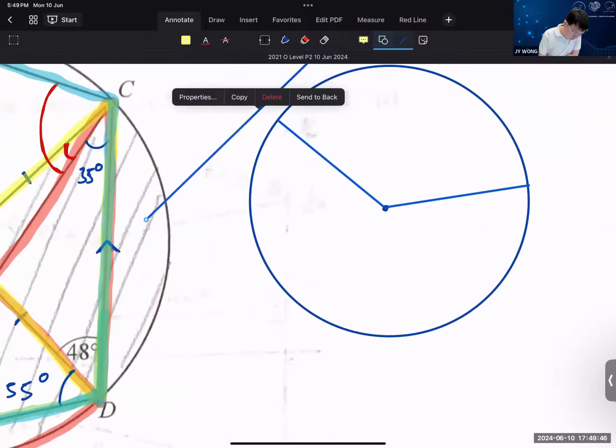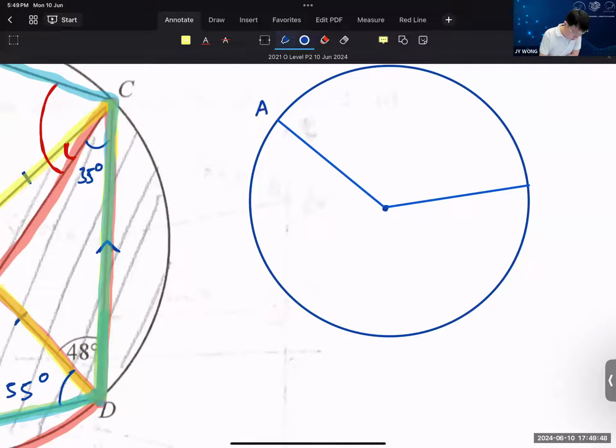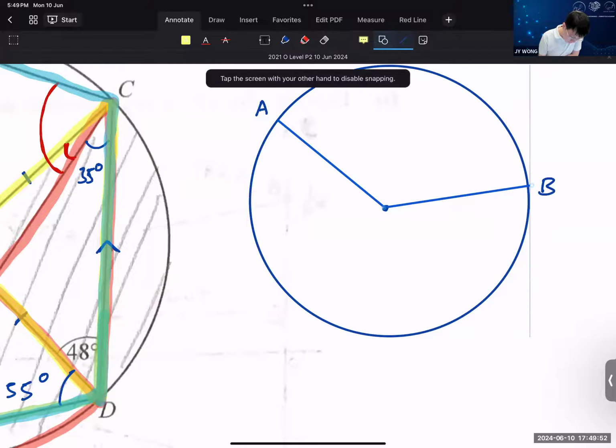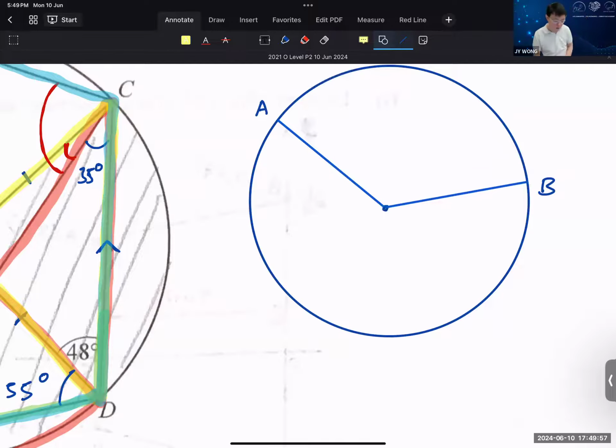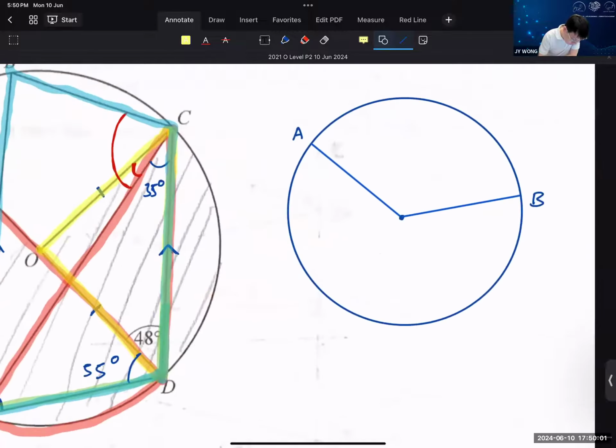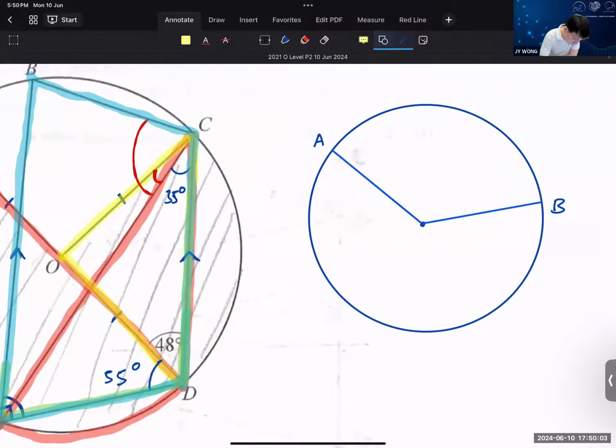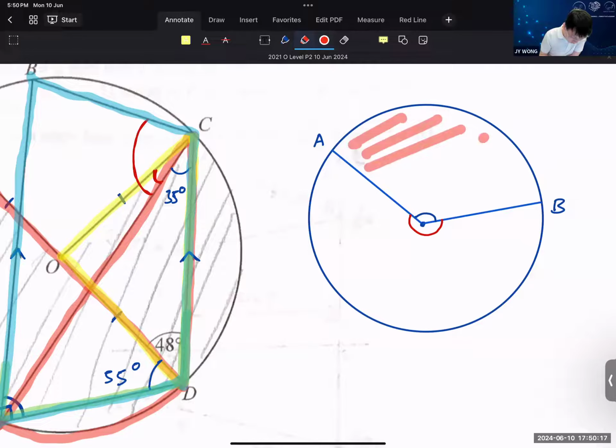So let's call this A, let's call this B. Okay, so for example, you will obviously notice that there are two angles here. What is a sector? This is called a sector.